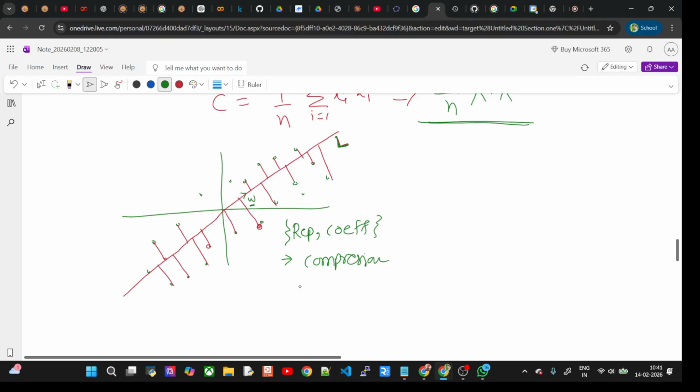This is our main aim in PCA: represent all these points in the space on a line. You can finally represent this as a representative and the coefficient, and achieve the compression that we have seen last time in all the examples. So we need to find out the best fit line.